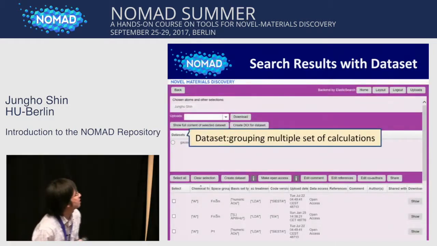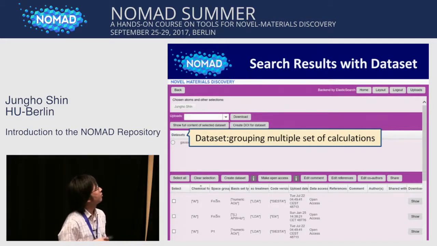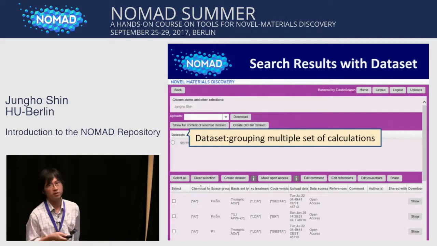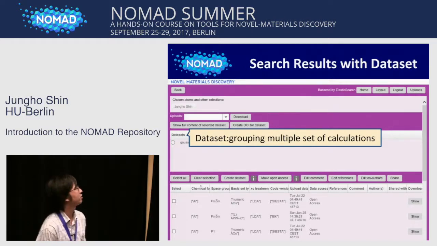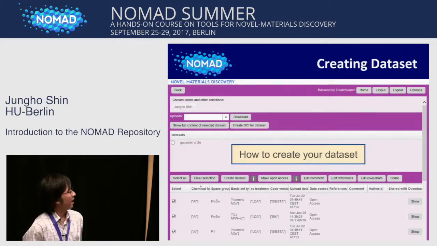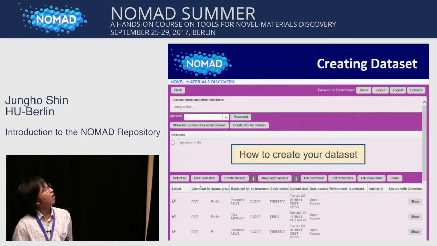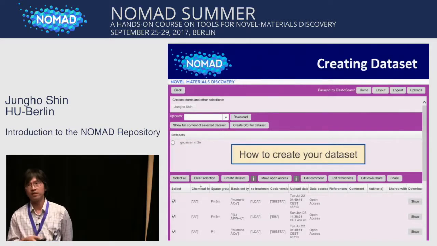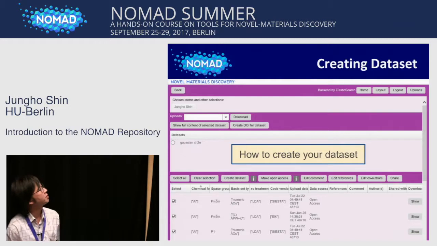Here the word data set means grouping multiple sets of calculations into one data set entry. Of course you can create a data set for your data, so I'll explain how to create your data set here.